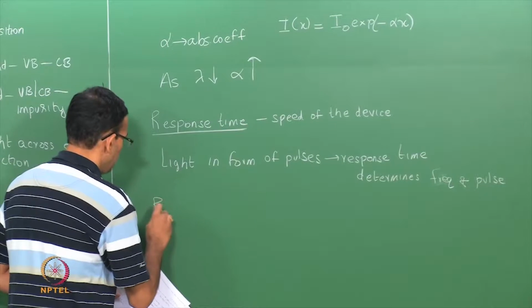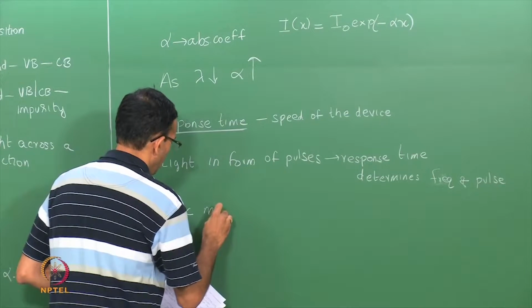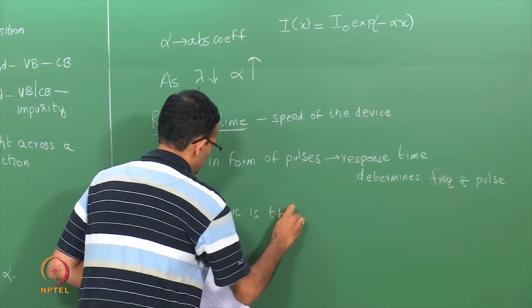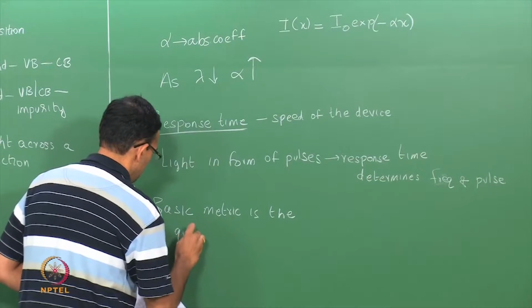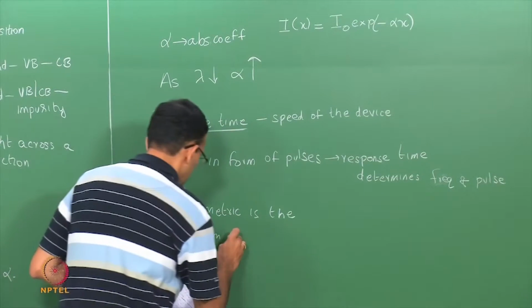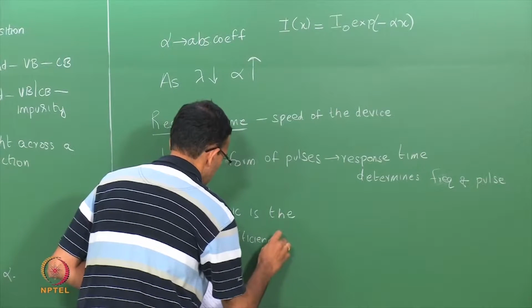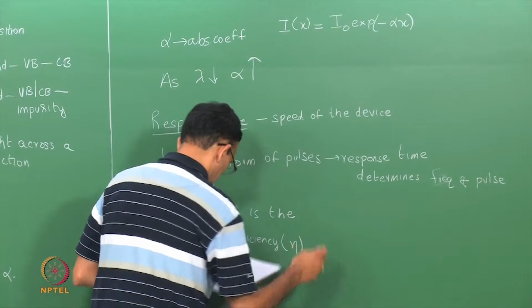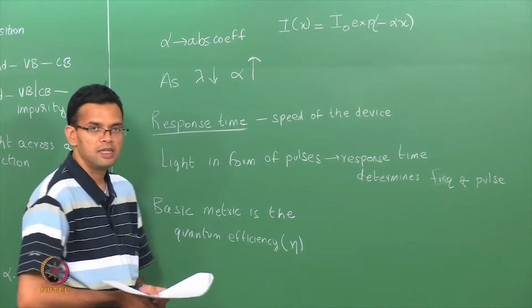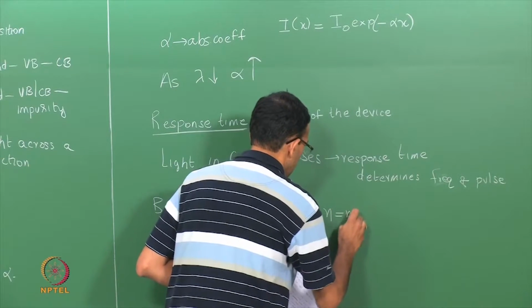The basic metric of a photodetector is called the quantum efficiency. So, the quantum efficiency is defined as the number of carriers that are generated per photon.